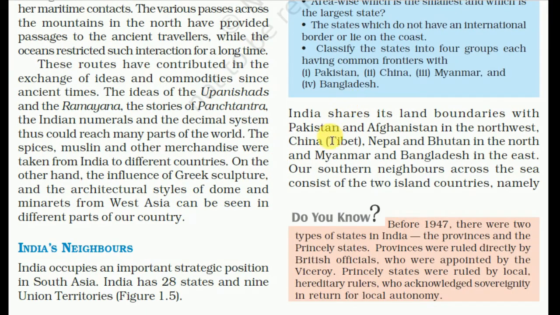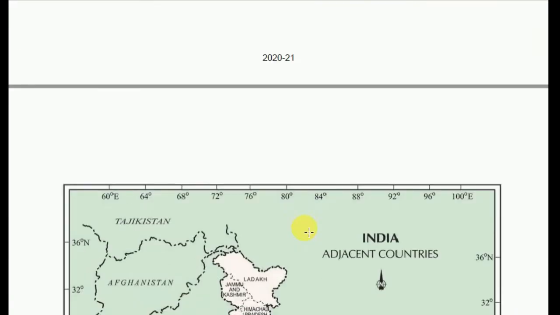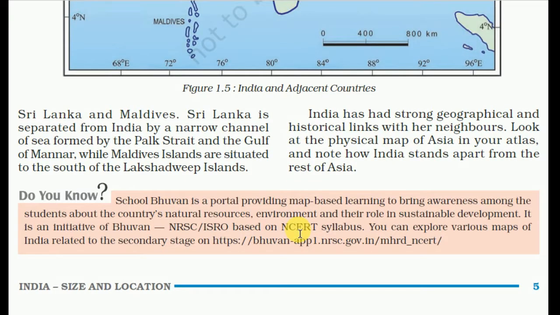So India shares its land boundaries with Pakistan and Afghanistan in the northwest, China that is Tibet, Nepal, and Bhutan in the north, and Myanmar and Bangladesh in the east. Our southern neighbors across the sea are two island countries, namely Sri Lanka and Maldives.